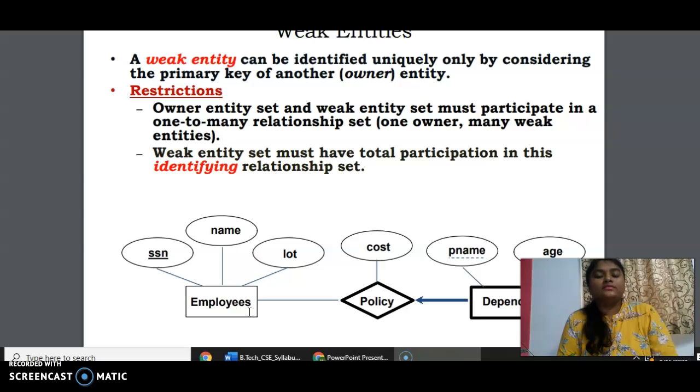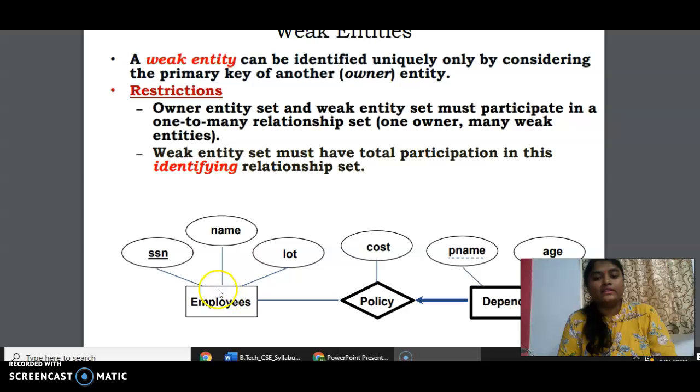So all the children or wife do not get any particular employee ID, so they are called dependents. There is no particular ID for them. This type of entity is known as a weak entity, where they depend upon a strong entity.